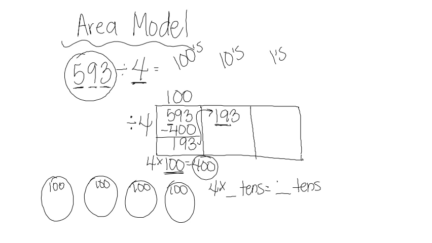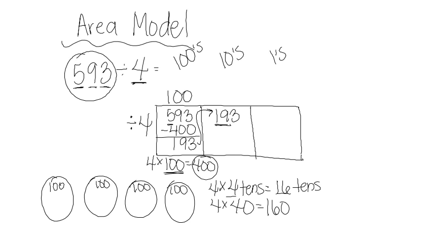So you can think 4 times 4 is 16, and 4 times 5 is 20. Well, 20 is going to be too much. So 4 times 4 tens would give me 16 tens. That's the closest I can get. So to rewrite this, it would be 4 times 40 equals 160, which is 16 tens.